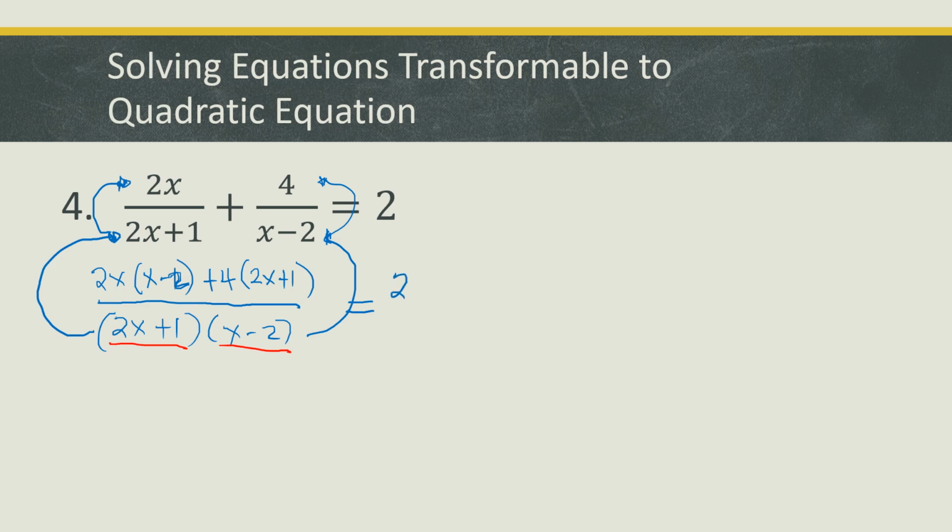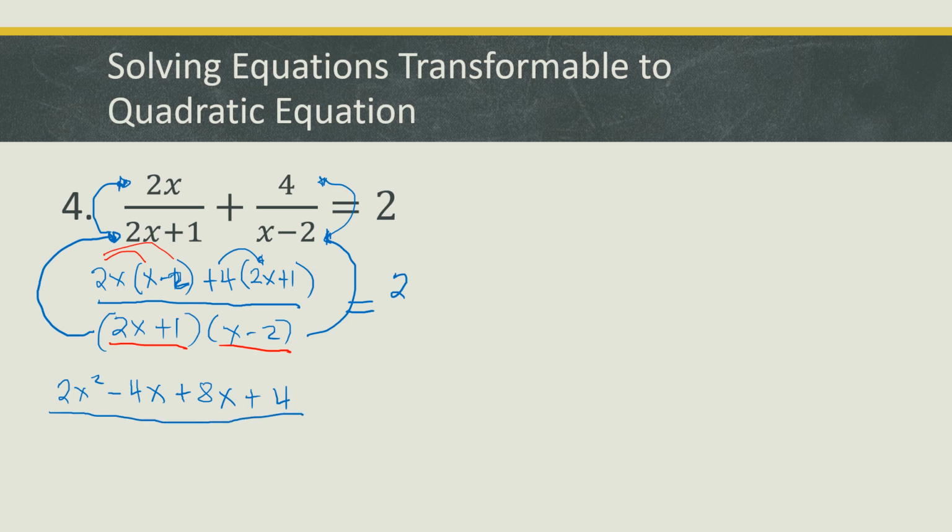Simplify the equation using, again, the distributive property and the FOIL method. Distribute. We have 2x times x is 2x squared. 2x times negative 2 is negative 4x. 4 times 2x, that is 8x. And 4 times 1, that is 4.